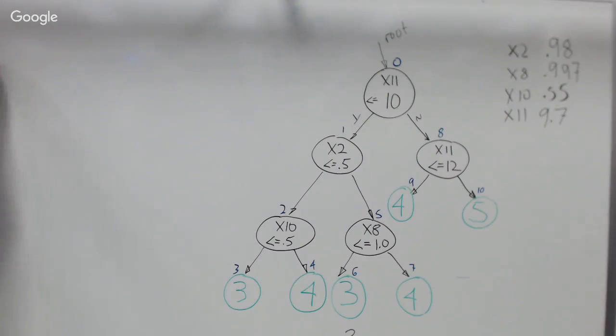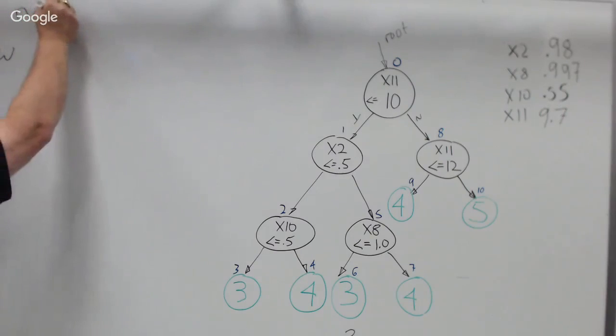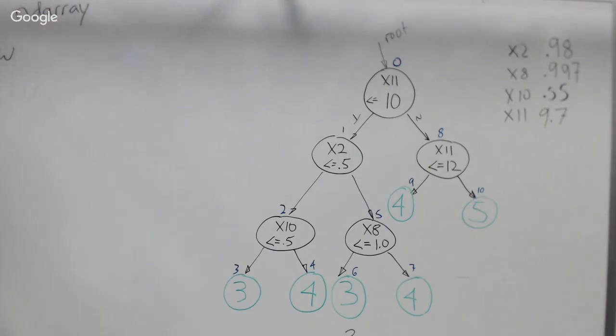Okay, so here is the data structure. It's an ND array with 2 dimensions.